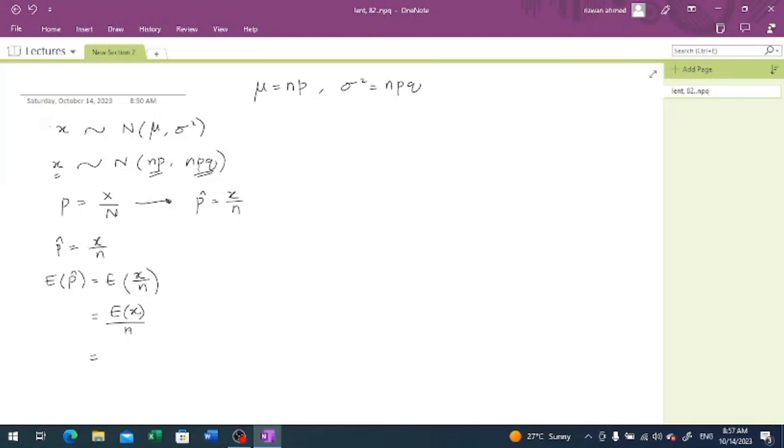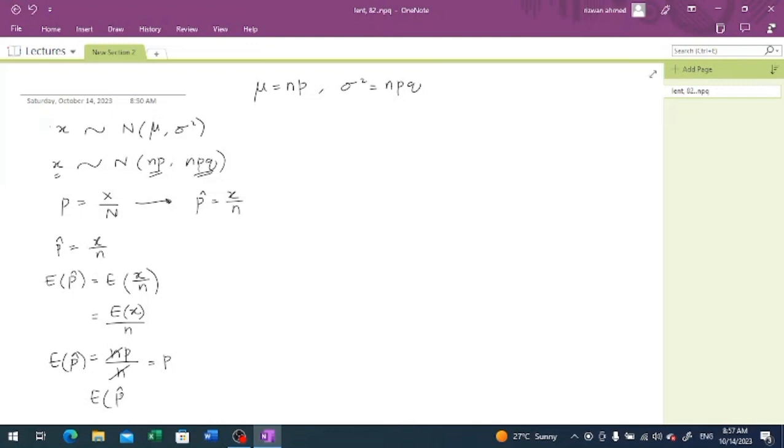The mean value of x, defined in terms of binomial parameters, is np. This n will be cancelled out, and we get it equal to p. So expected value of p hat is equal to p.